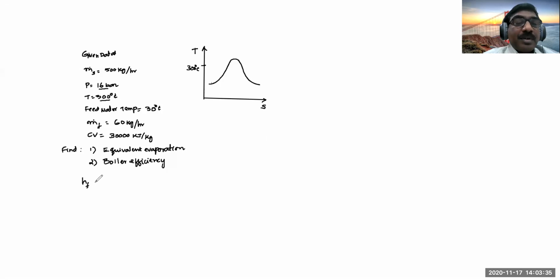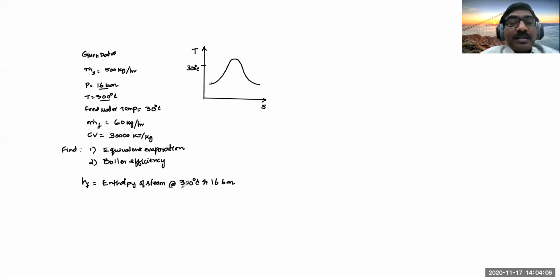So h_f is the enthalpy of steam at 300 degrees centigrade and 16 bar. From the steam table we can easily find out this is at a superheated condition. At 16 bar, the saturation temperature is around 280 or something like that. So this is superheated steam.